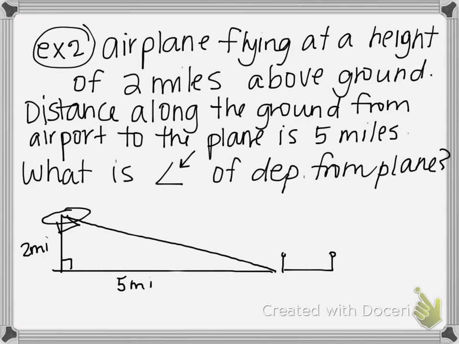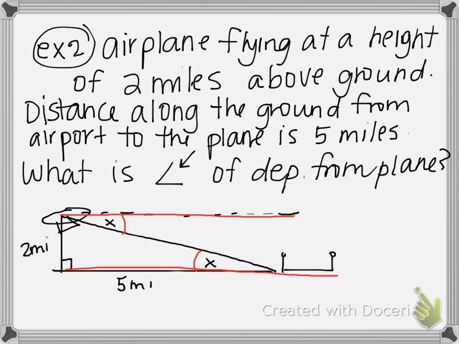So if we had our airplane, we're wanting to know this angle right here. Okay? So from what we know from our little lighthouse example, that angle is also the same as that angle, because these are two parallel lines that are intersected by a transversal. So we know that this angle and this angle are the same.